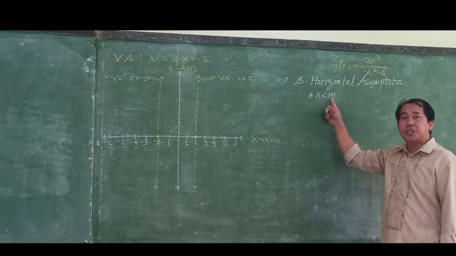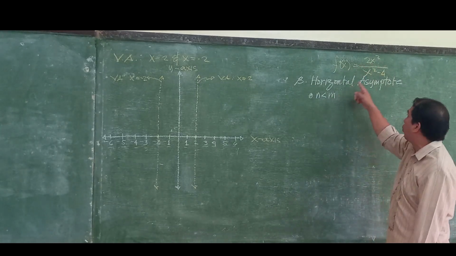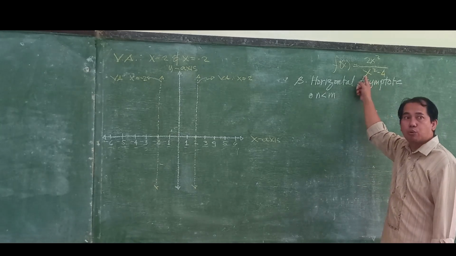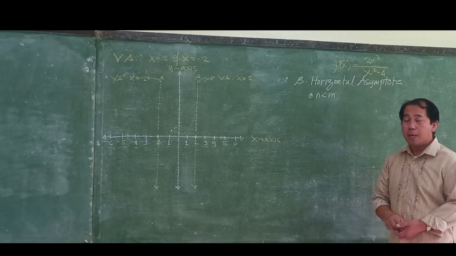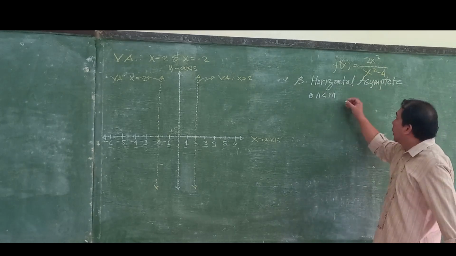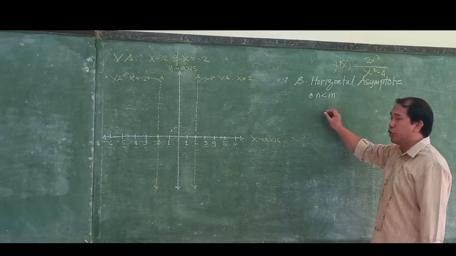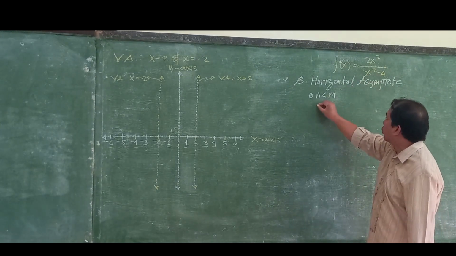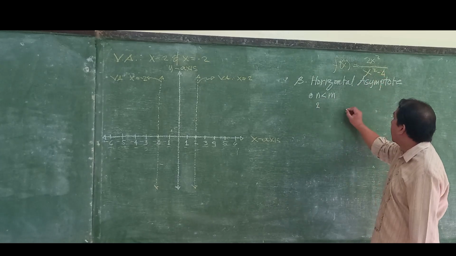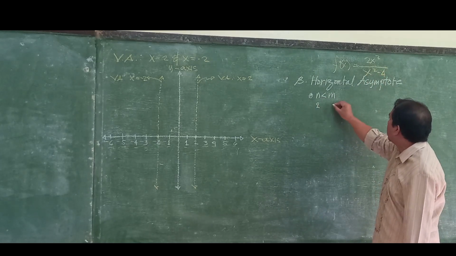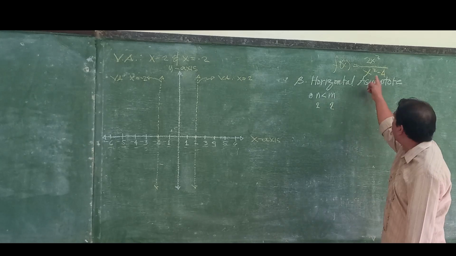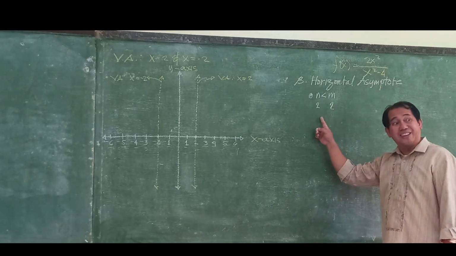The m is the exponent of the denominator. What is our denominator? x raised to 2 minus 4. Meaning, the exponent of our numerator is 2, which is the same as the denominator, 2. Now notice that they are equal.